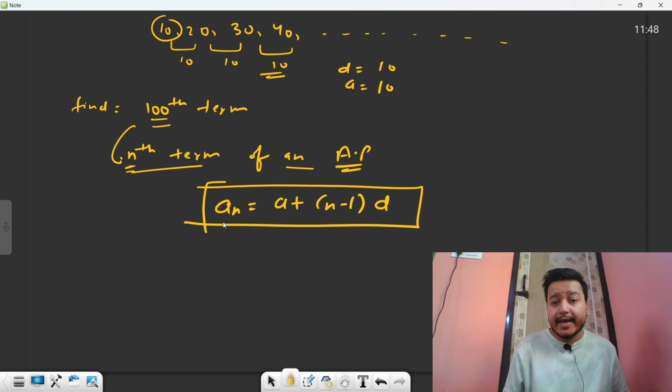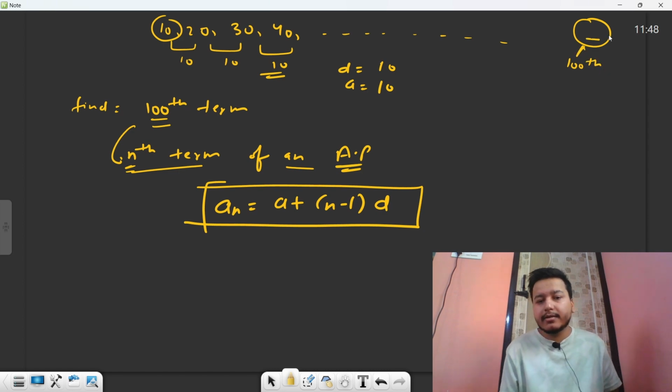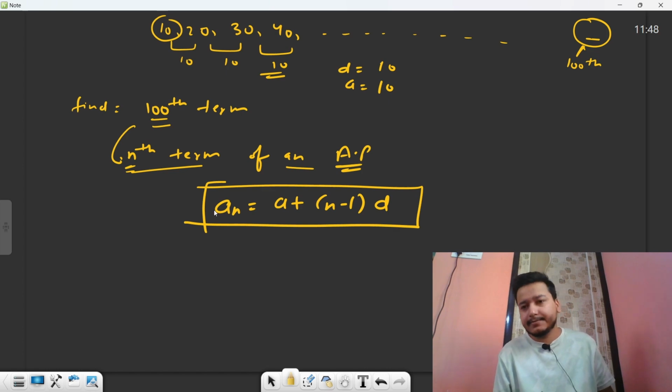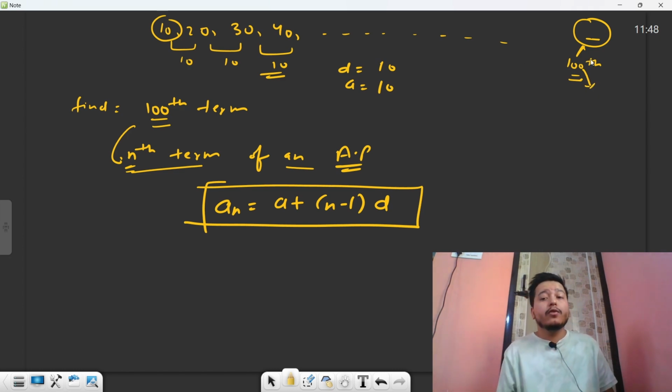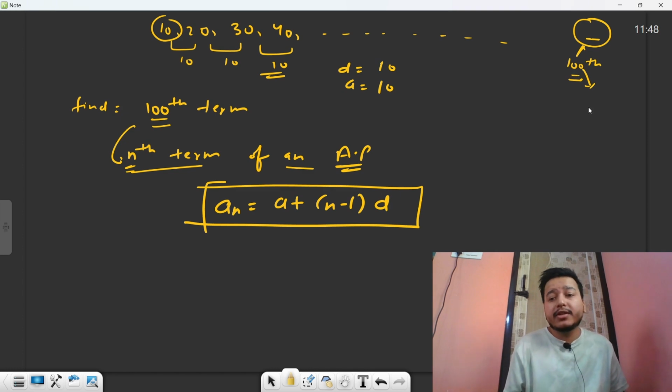Now an is the term which will come at the hundredth place. This is the hundredth place, and the number which will come here will be called an. So we have to find the hundredth number. The hundredth is the position of the number, and I told you before that the position of the number is called n. So n is 100.